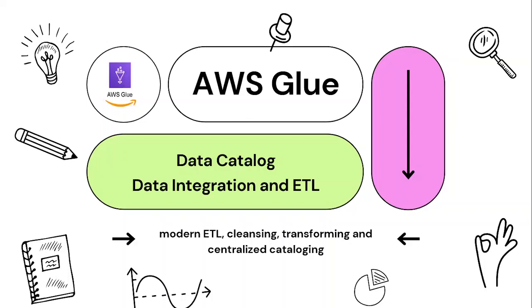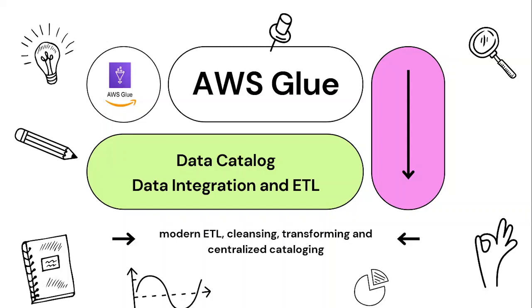And ETL service basically means it extracts the data from various sources, transforms it, and loads it into target data sets. It not only provides ETL capabilities, but also incorporates comprehensive data cataloging features.